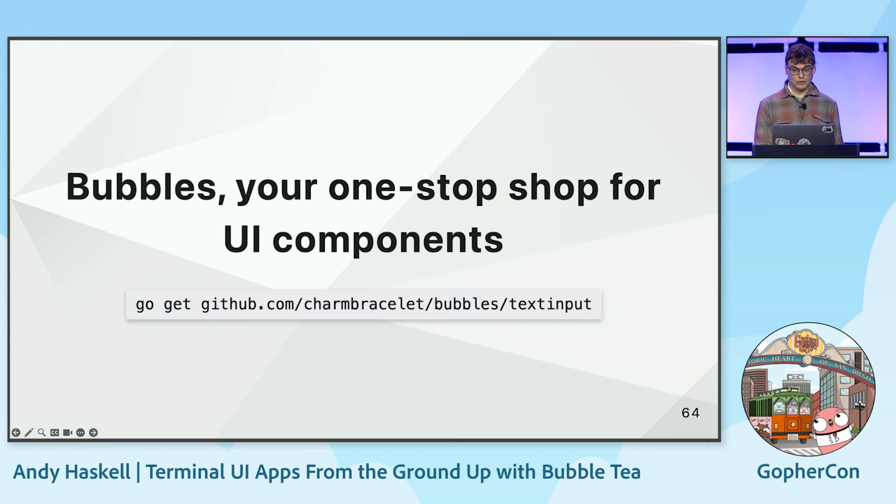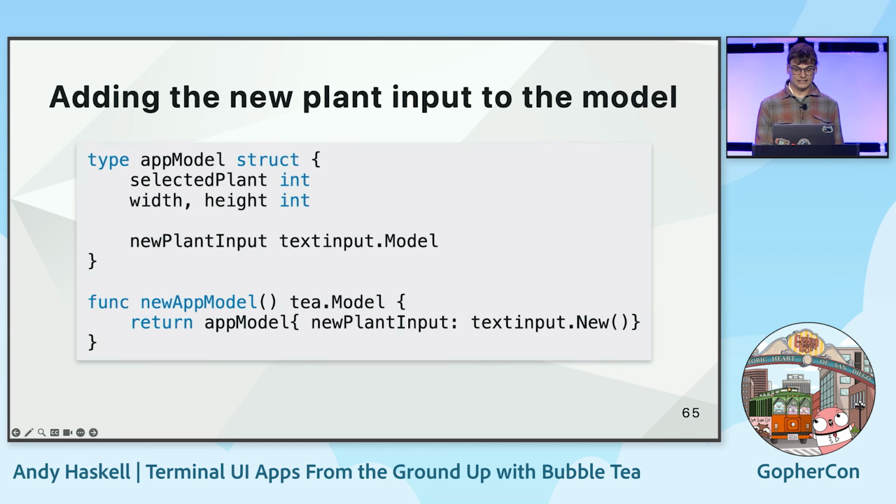And just like Lip Gloss, Bubbles is not directly part of Bubble Tea, so we'll need to go get the Bubbles components that we're using in our app, in this case just text input. Then we add a text input component to the model data using the type textinput.Model, which handles all the internal state and logic for that component.